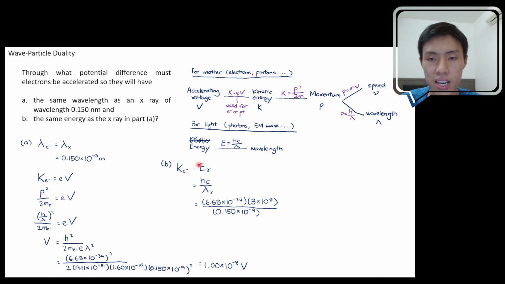On the right-hand side, how do you relate K, the kinetic energy, to the potential difference that the electron must be accelerated through? You relate kinetic energy to the accelerating voltage. K is equal to eV, so you can replace K with eV. Now, if you continue with the substitution, maybe I should bring the e to the other side already.